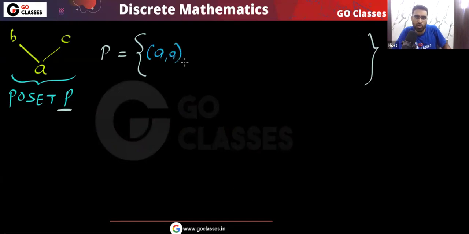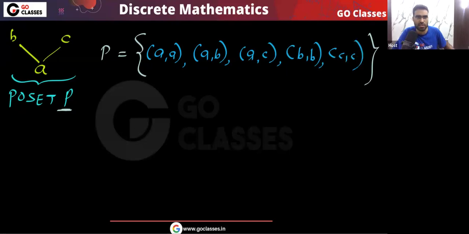A is related to A or not? Yes. A related to B? Yes. A related to C? Yes. B related to B? Yes. C related to C. Is this the correct set representation of the partial order?